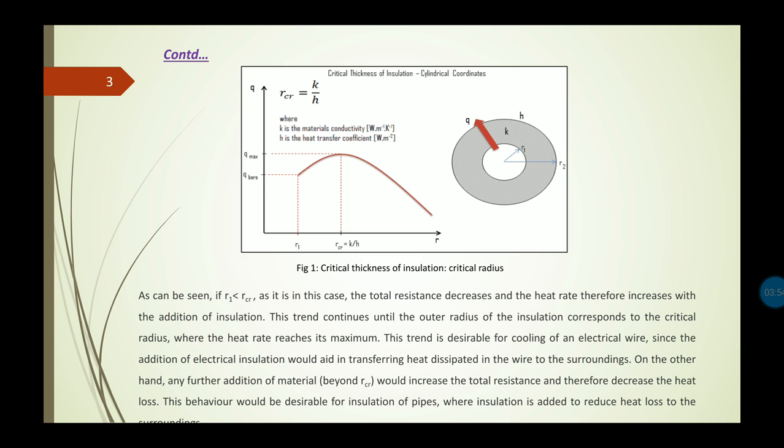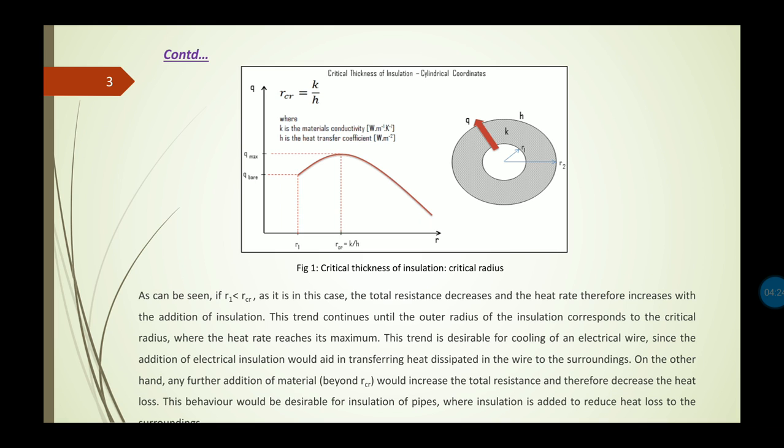Let us move to the next page. Here you can see one diagram is given, critical thickness of insulation. In case of the spherical coordinate or a sphere, it is known as the critical radius. In case of the cylindrical coordinate also, it is known as the critical radius. Now this critical radius is the ratio of k by h, that is thermal conductivity to the convective heat transfer coefficient.